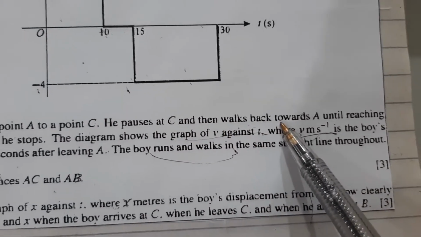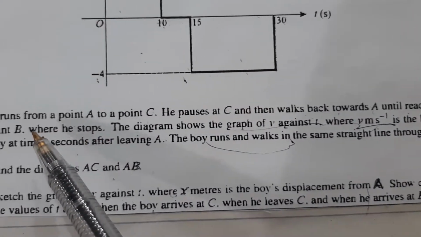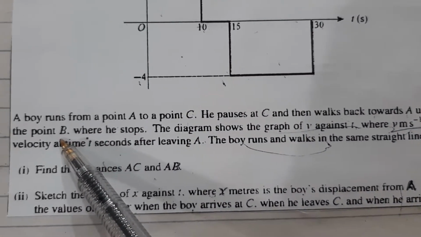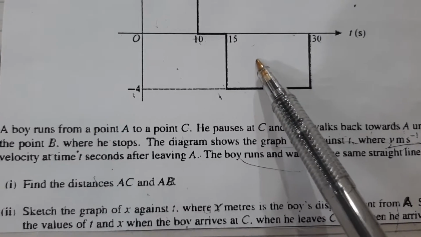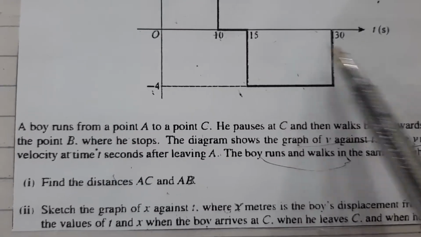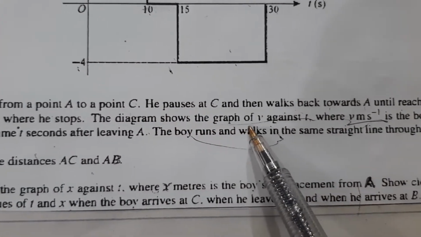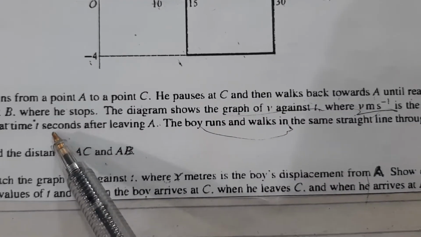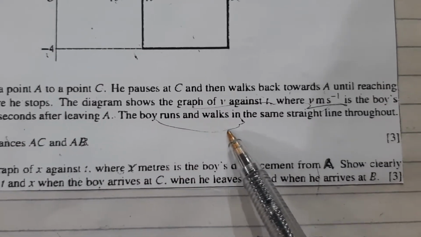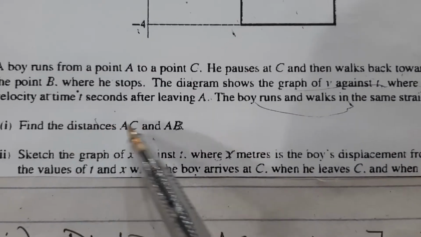And then he walks backward until he reaches the point B. And this is what it represents, that he is moving backward, and we have seen it is equal to 60 meter. So backward he went all the way 60 meter. The diagram shows the graph of velocity time and everything same as what I have just explained to you. So the question is saying find out the distance AC and AB.